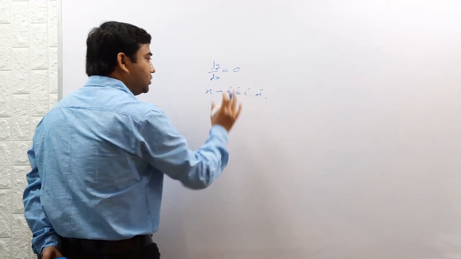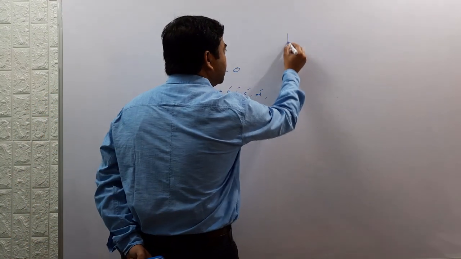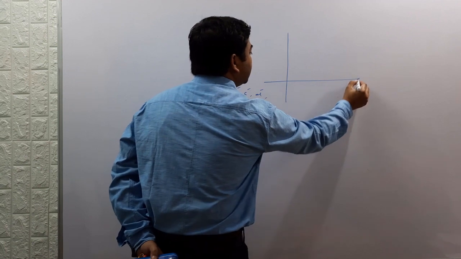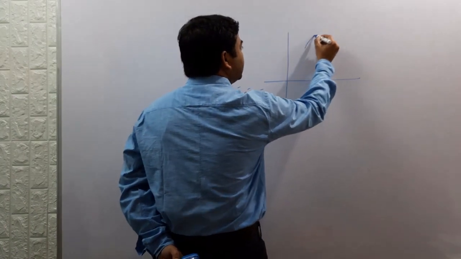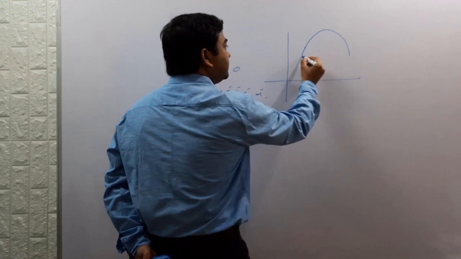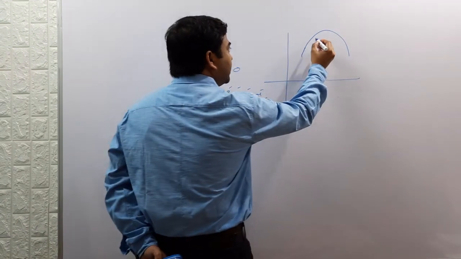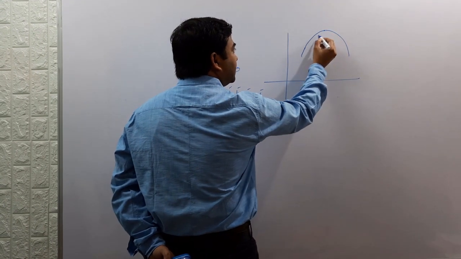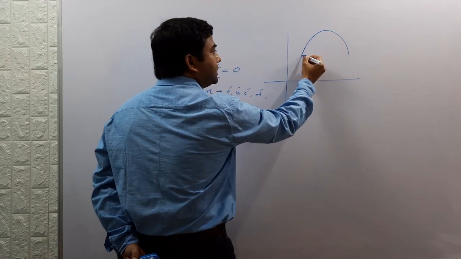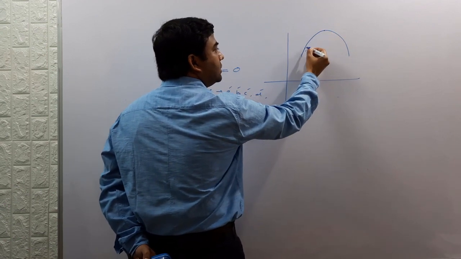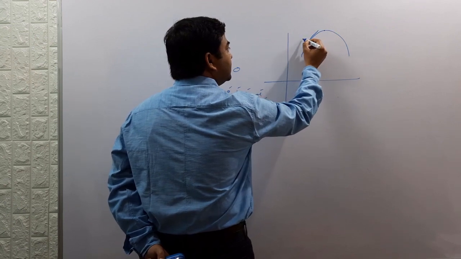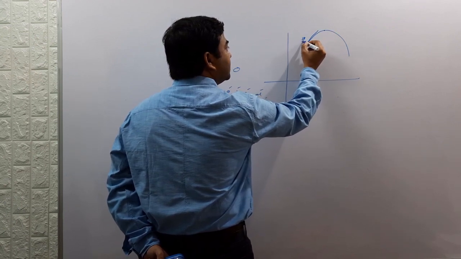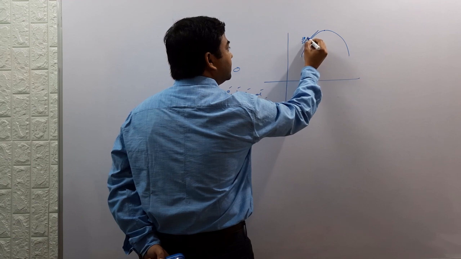So you have to see the geometric nature of the curve and then you can decide it. Suppose this is the maximum. As we have discussed earlier, in this range the function is increasing. So here the derivative dy over dx is positive.